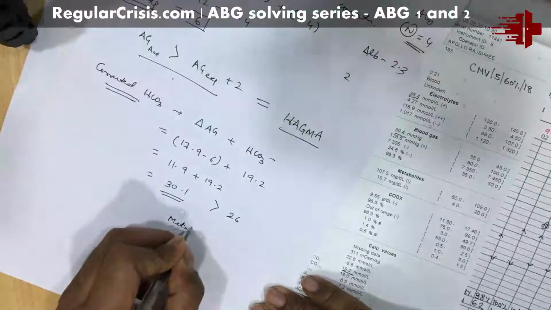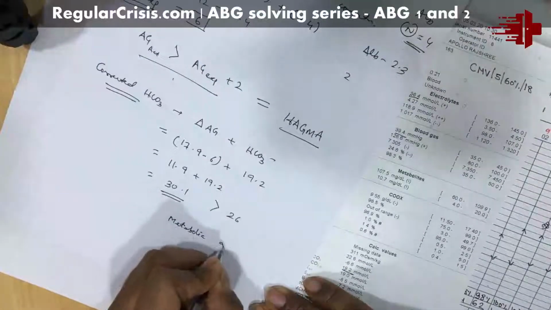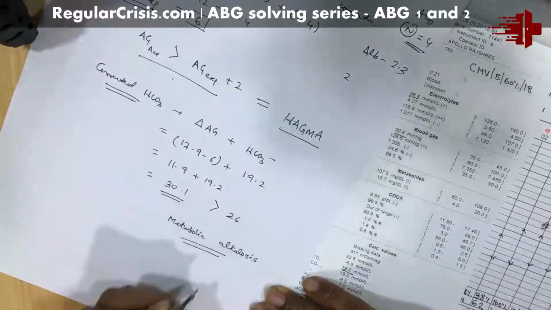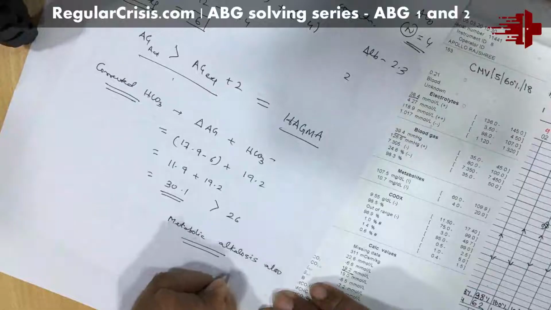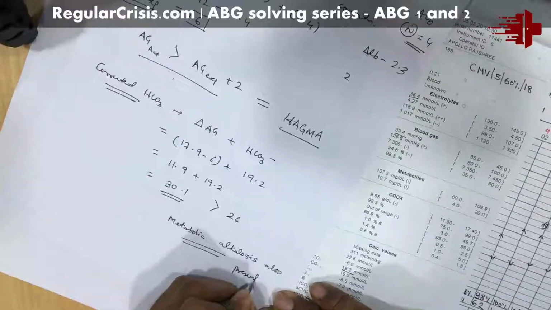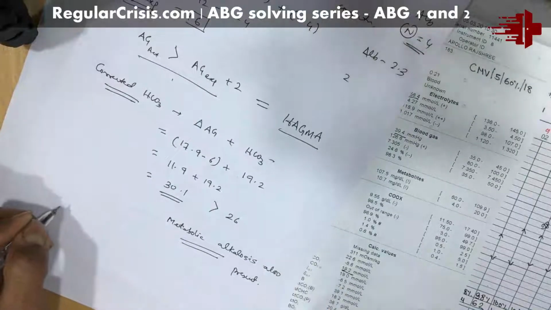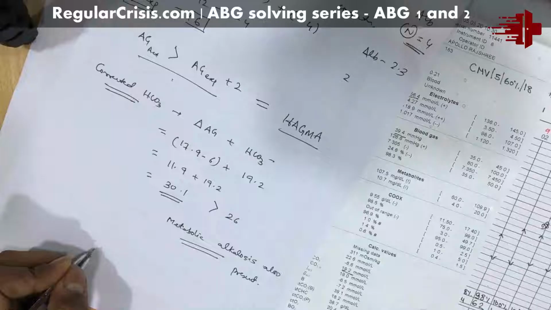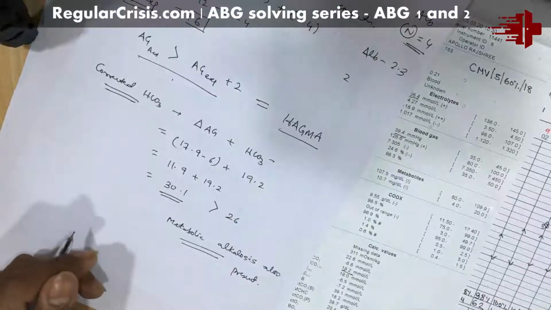That means this patient is having metabolic alkalosis along with high anion gap metabolic acidosis. This patient is a case of diabetes, on a ventilator with some chest infection, likely ARDS, and now is landing in DKA. He's also dehydrated, which causes the metabolic alkalosis, and it's HAGMA due to DKA.